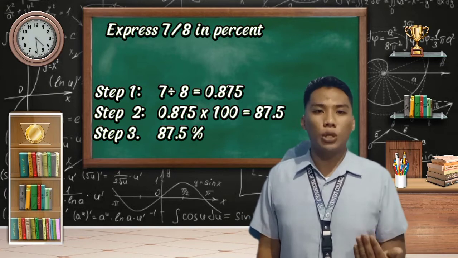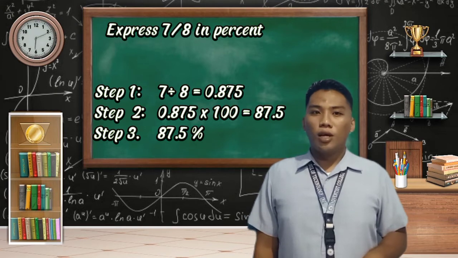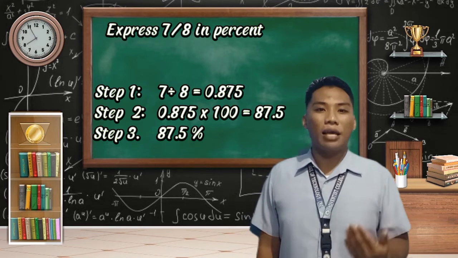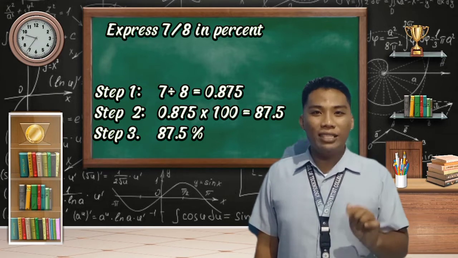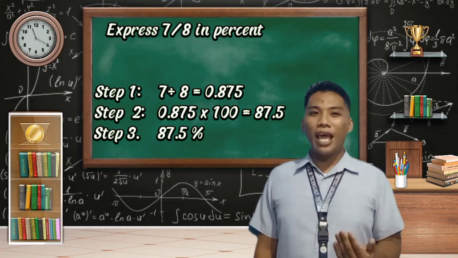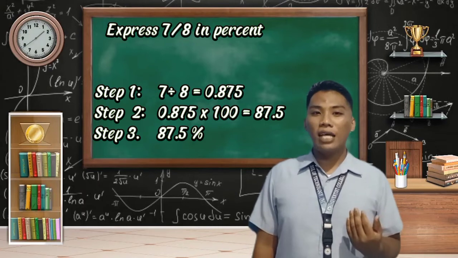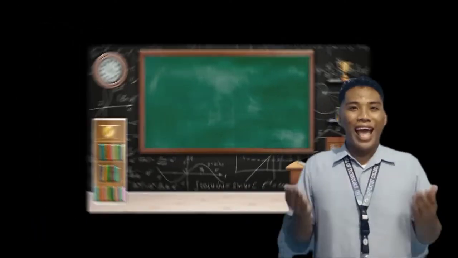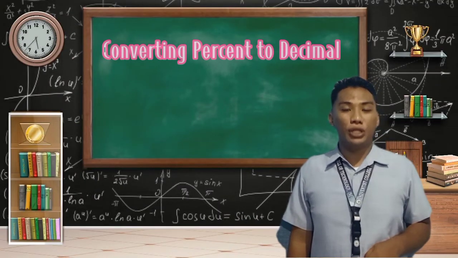So step 2 is multiply it by 100. 0.875 times 100 is equal to 87.5. And step 3, we must affix the percent sign. So our answer is 87.5%.